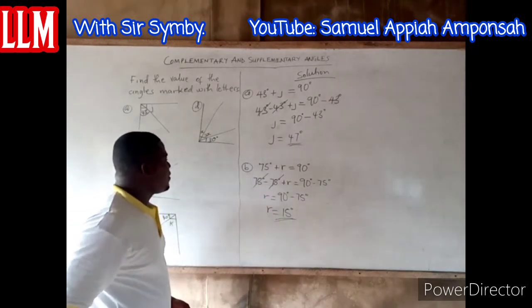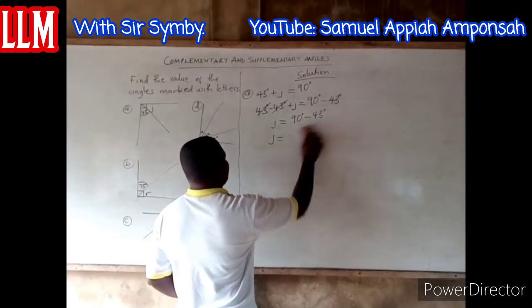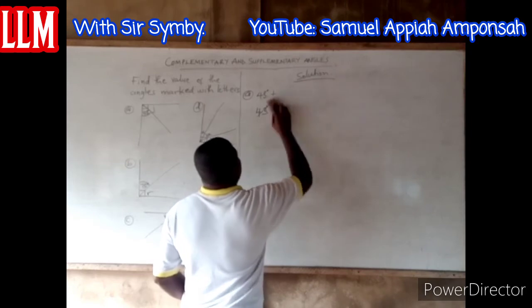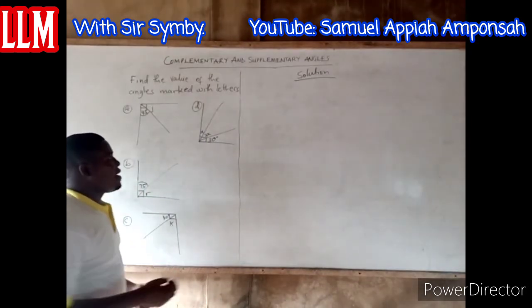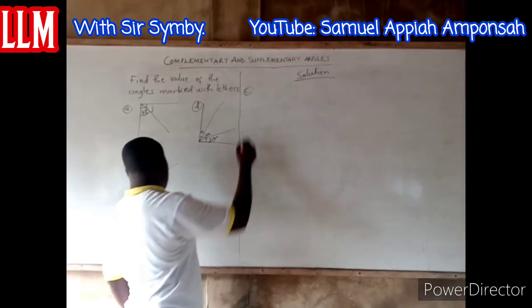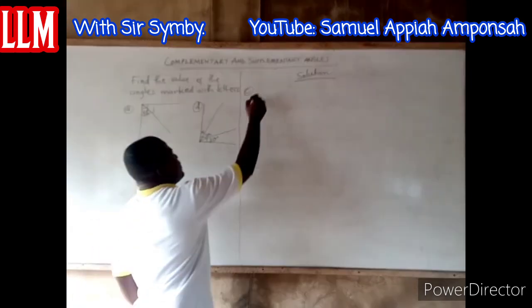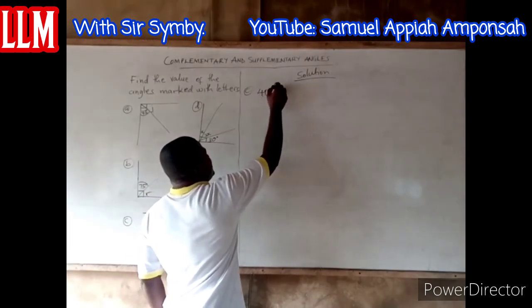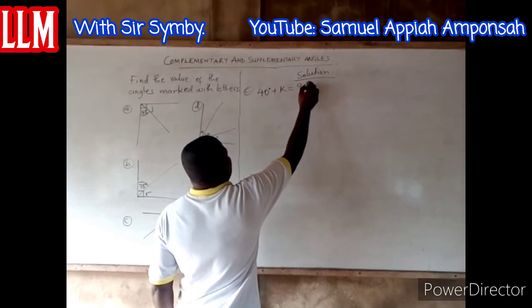Now, as example C, we have to find the value of angle K, and we have 40 degrees plus K, which is equal to 90 degrees.